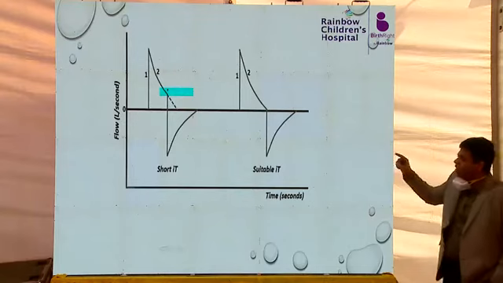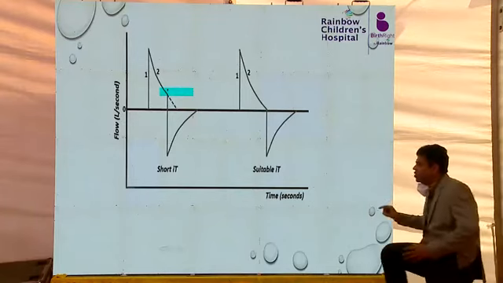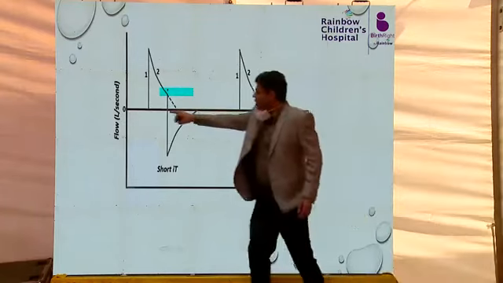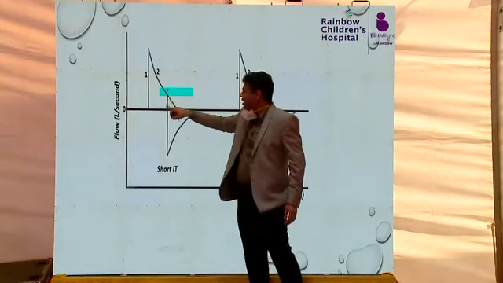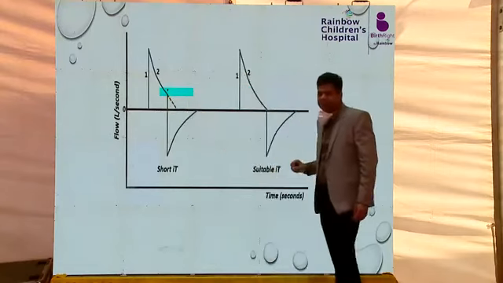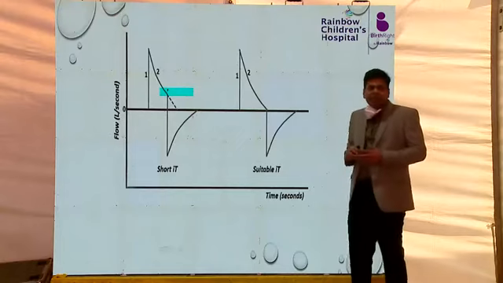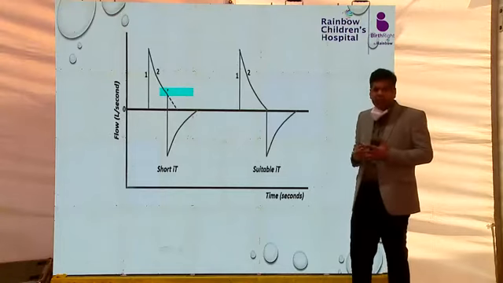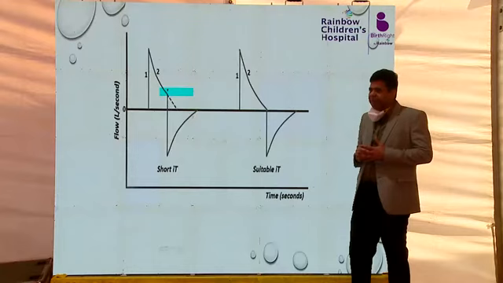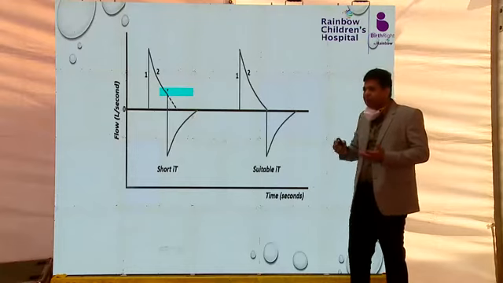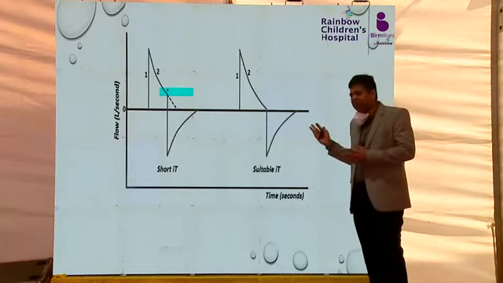Sometimes you can have an inspiratory time in which, before your inspiration is ending, your expiration is starting. What is the fault of a short TI? Anybody? Suppose your baby has a TI of 0.3 seconds.